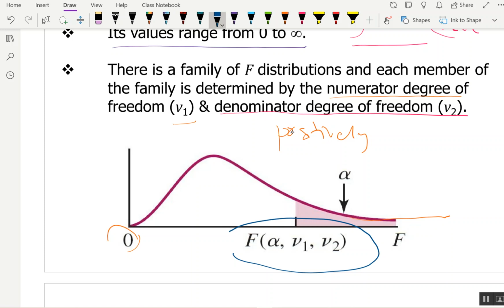For F, you need to have the value of alpha. V1 is the degree of freedom for the numerator, and V2 is for the denominator. The numerator and denominator are the ones that you get from this formula here.